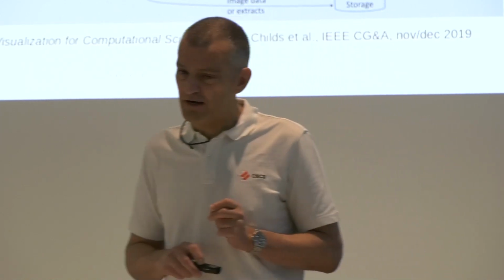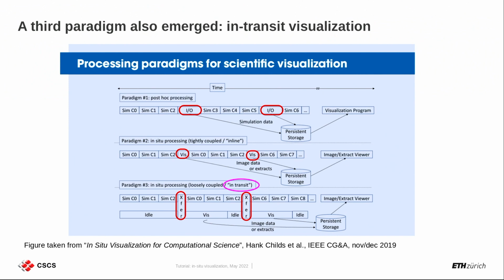In this third paradigm that I've already mentioned today, the in-transit visualization, we will have yet another issue. So if we review here, the first paradigm is to run your simulation on a certain number of steps and then do some visualization, save data to disk. Okay? Actually, here, save only the simulation to disk.